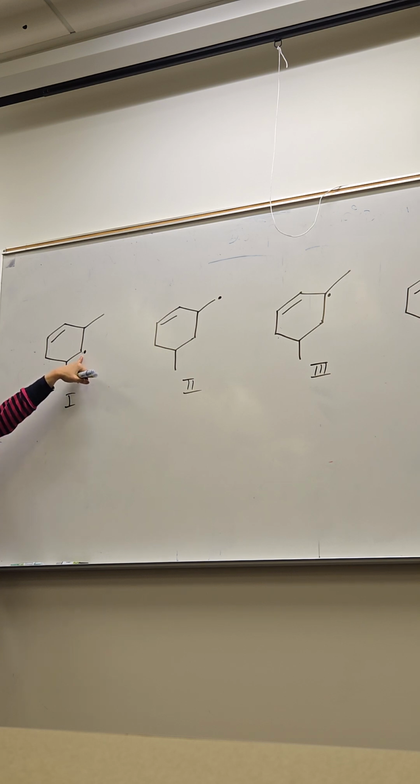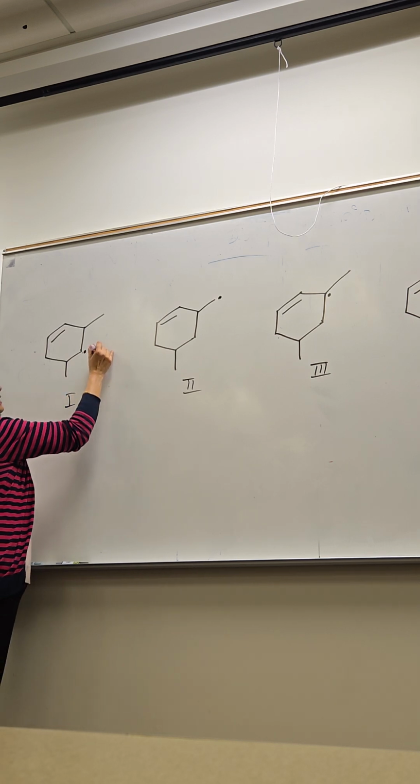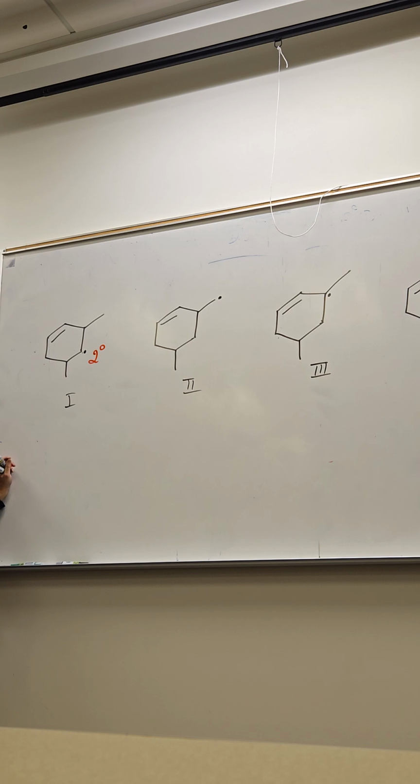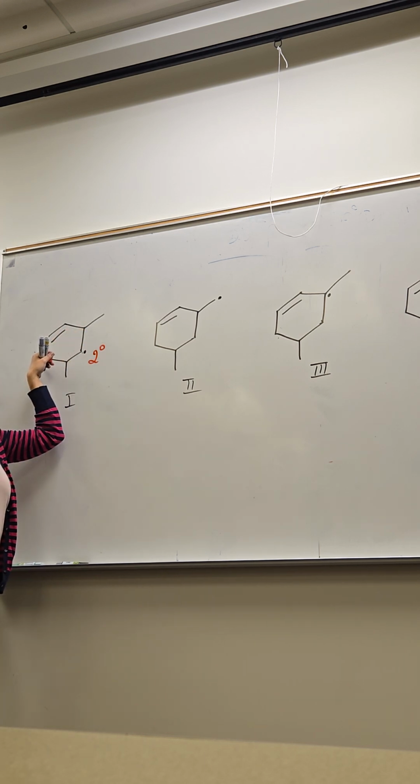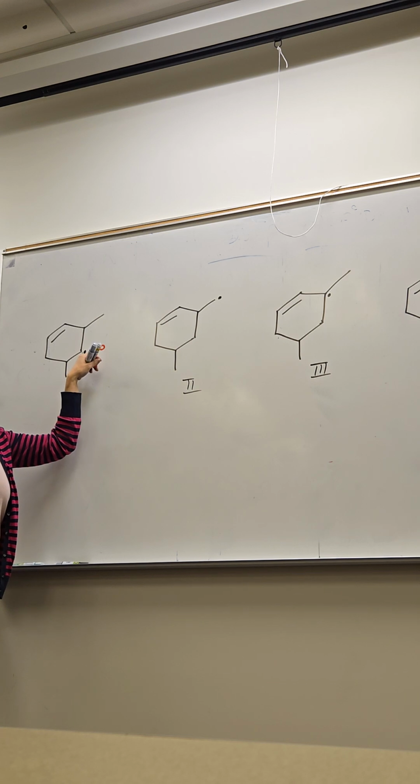Are there 2 R's, 1 R, 0 R's? Secondary. Is it allylic or benzylic? Neither. It can't be benzylic, there's no benzene. Allylic has to be the position next to a double bond. It's not. Agreed? How about this?